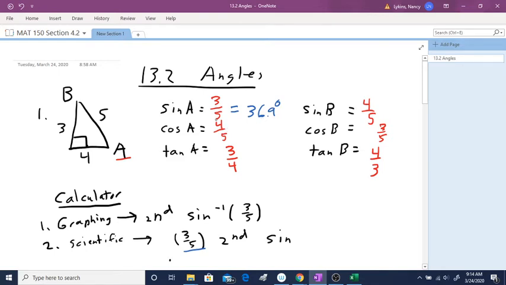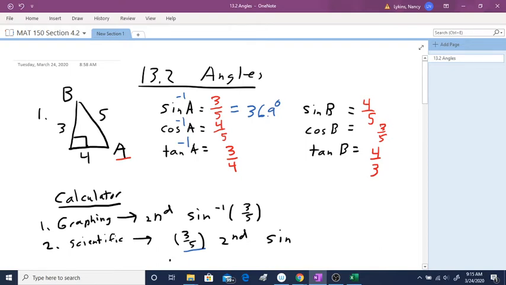Now let's do the cosine. What happens is when you type the second and sine in, you get a little -1 up above every one of these. That's the inverse. It's trying to figure out what the angle is by doing the trig ratios. So now do the cosine.